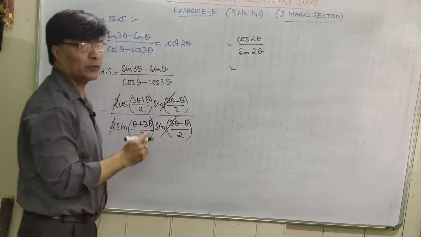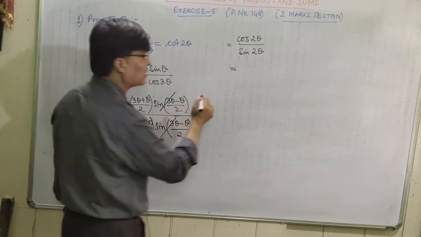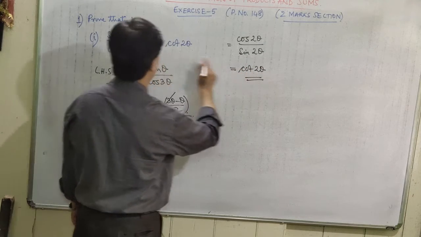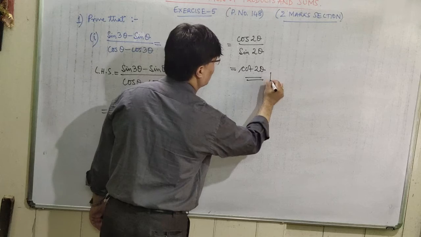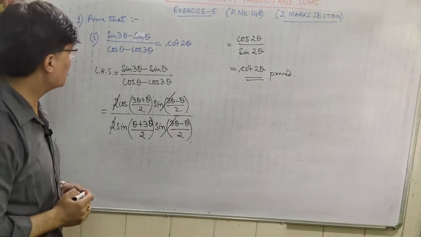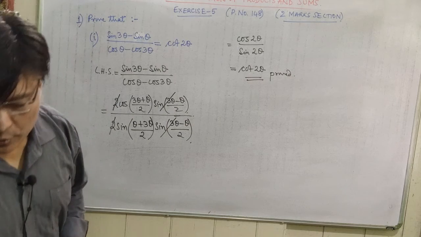Similarly in the denominator, there is sine of theta plus 3 theta by 2, which is 4 theta divided by 2, 2 theta. So cos 2 theta divided by sin 2 theta is cot 2 theta. So it is proved. I think you have understood it, so you can copy it. Now we'll do the next question.